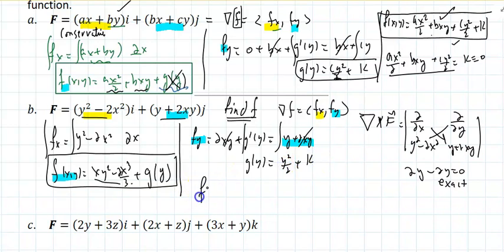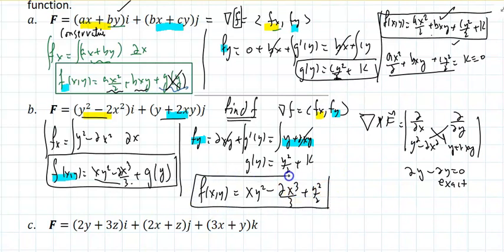So I could say f of xy, the potential function, plus k, or I could just put k equals 0. The book does that. Now, if I take the partial of this with respect to x, so if I take the gradient, let's go that way.